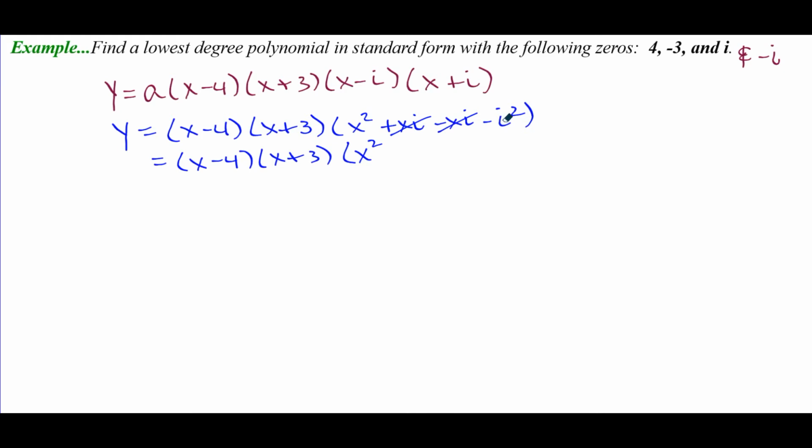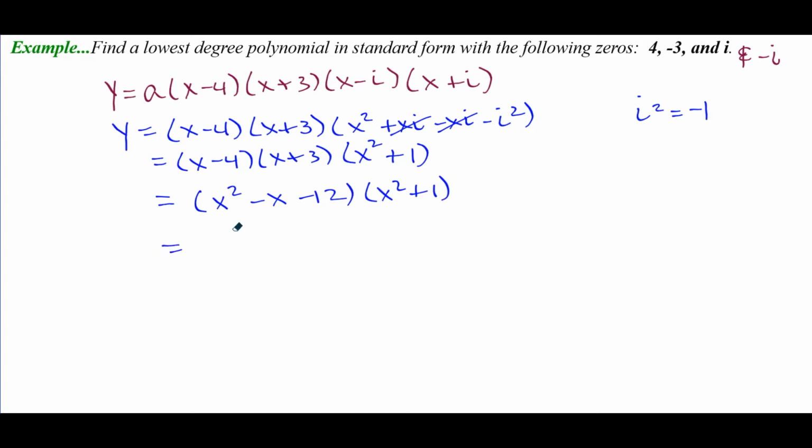And then remember, i squared is equal to -1. So I have minus -1, which becomes plus 1. And then we can continue multiplying here. It doesn't matter what order we work in. I'm just going to multiply these first two together. So I'm going to get x squared minus x minus 12, and then times the x squared plus 1.